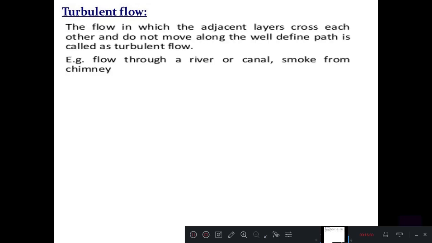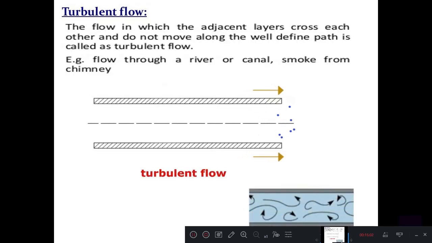The turbulent flow. What is turbulent flow? Turbulent flow means the flow in which the adjacent layers cross each other and do not move along a well-defined path. For example, flow through a river or canal, and smoke from a chimney, are also classified as turbulent flow.